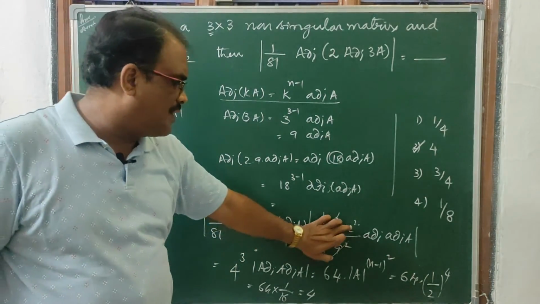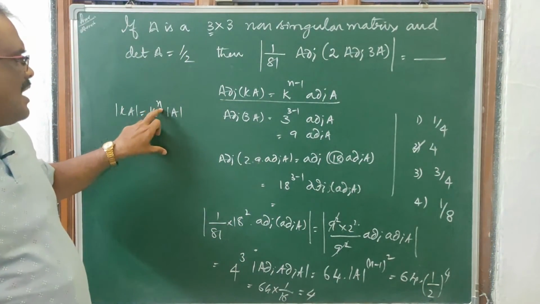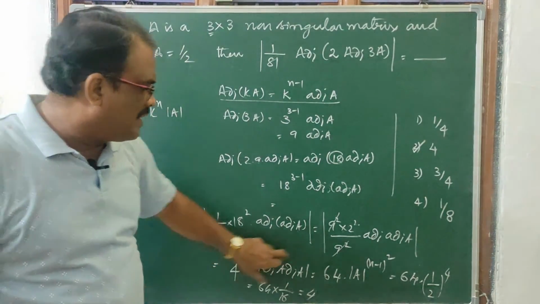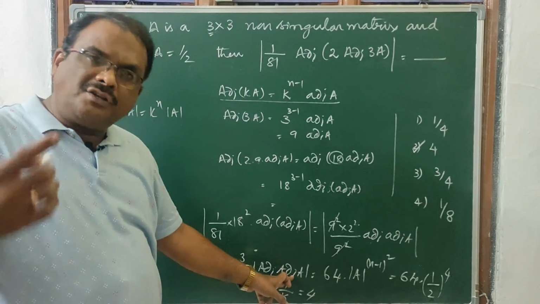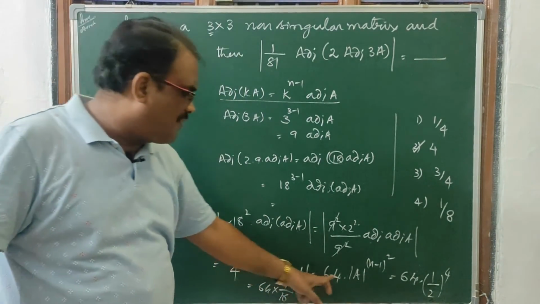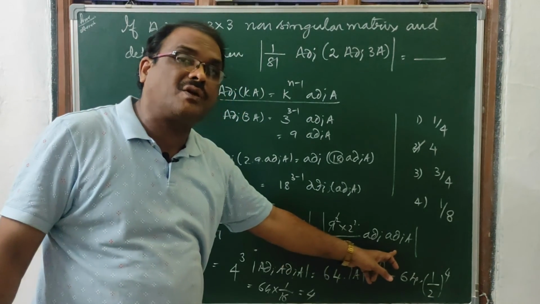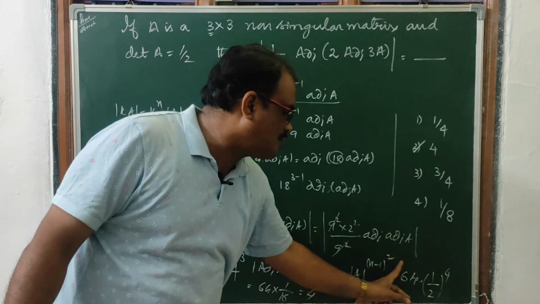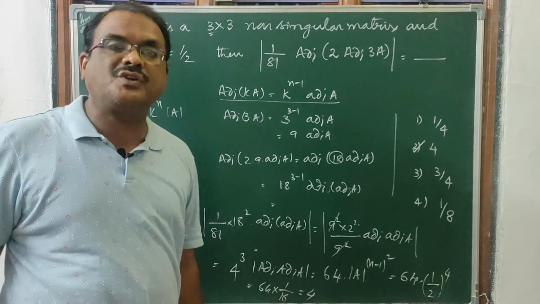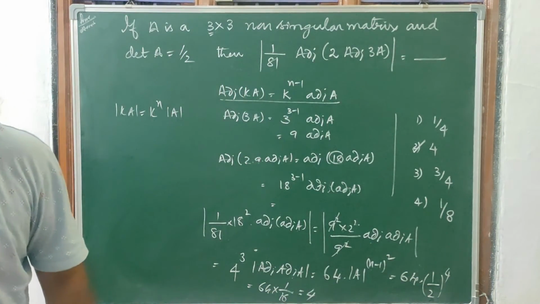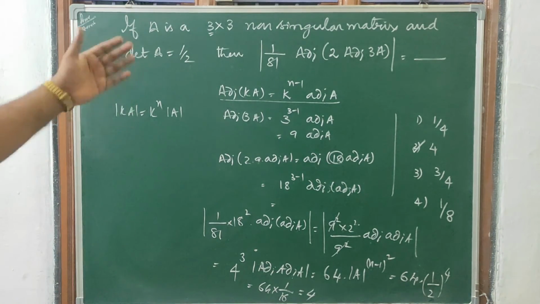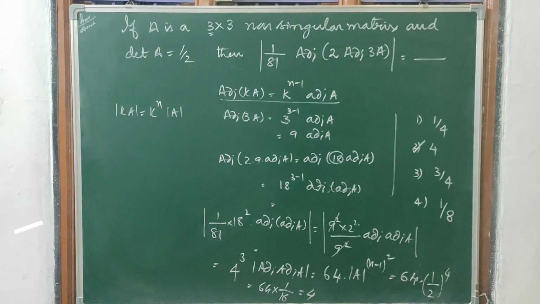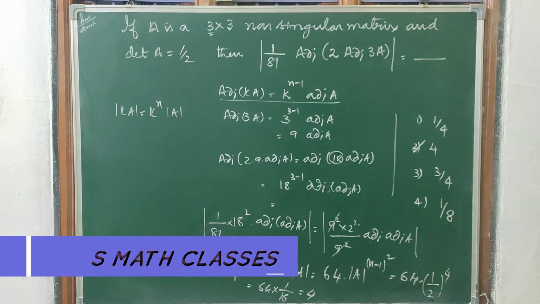On simplification you get det KA is equal to K power n into det A, that is 4 cube into determinant of adjoint A. The determinant of adjoint A formula is det A whole power n minus 1 whole square. That is det A, n means 3 minus 1, 2, 2 twos are 4. On simplification you get 4. So observe carefully while using the formula, learn it thoroughly, and in the question itself observe the formula and digest it.